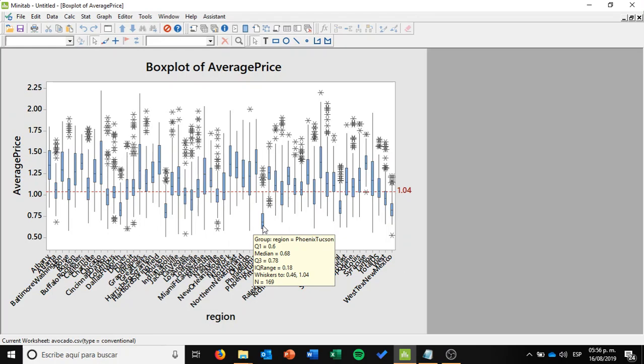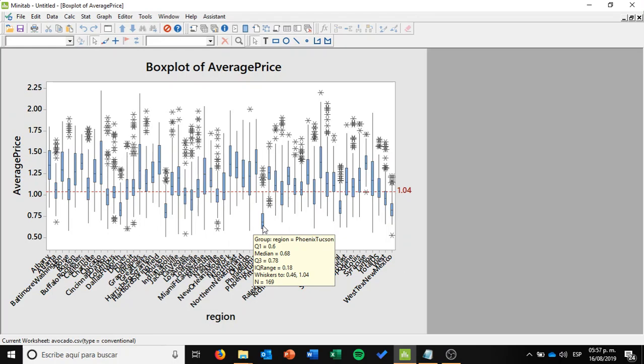The median is 0.68. It means that half of the time in the previous years, the price of an avocado was below 68 cents per avocado. So it's something quite interesting to notice, and something that we should be considering if we want to live in a city where we can buy avocados every day.